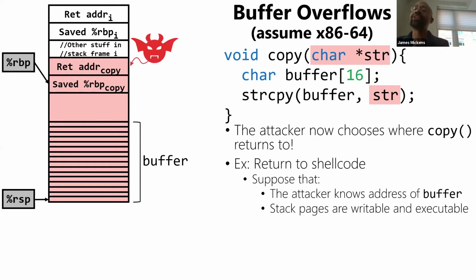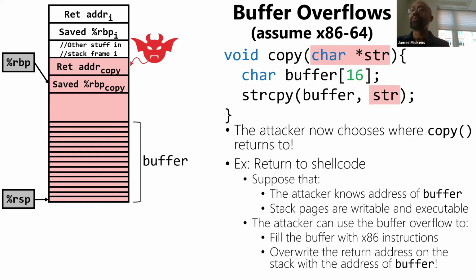This is currently no longer true on most systems, but let's just imagine this is true for now. If both of these things are true, then the attacker can use the buffer overflow to fill the buffer with x86 instructions, and then overwrite the return address on the stack with the address of buffer.